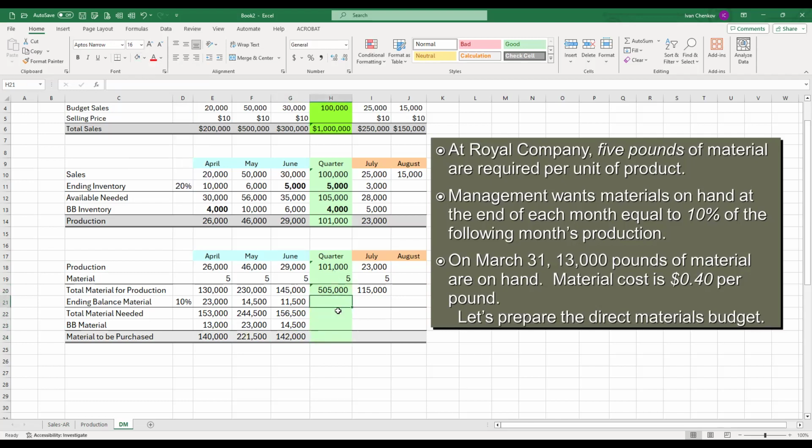Let's see now our total calculation for the quarter. We already established that with total production, the material that we need for our production is 505,000 pounds. We need to keep an ending balance, correct? How much is our ending balance at the end of the quarter?